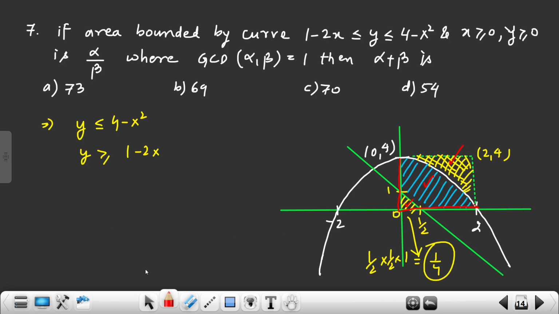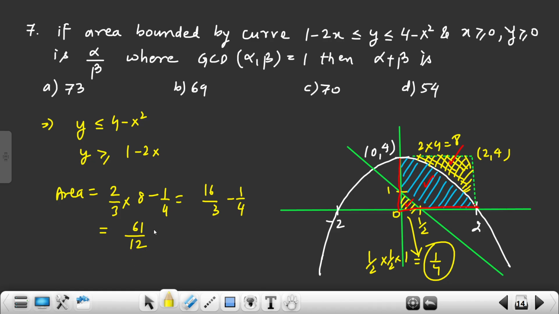So I can say that the complete area will be 2/3 of the total area, and total area of the rectangle is how much? 2 into 4, that is 8, minus this triangle area. So it is 16 by 3 minus 1 by 4. Now it is 64 minus 3, 61 by 12, right? And this is equal to alpha by beta.